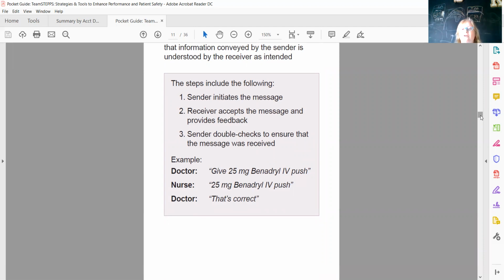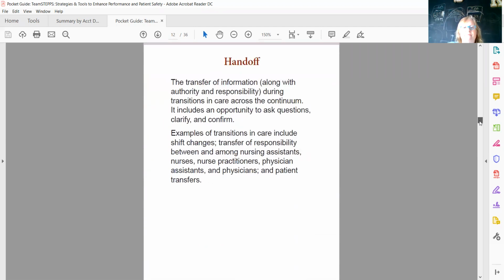So for example, they give us here, where the doctor is requesting give 25 milligrams of IV Benadryl push. The nurse then doesn't just give it silently. The requirement in the checkback is for the nurse to then make clear, 25 milligrams of Benadryl IV push, right? So she's checking back, doctor says correct. So we've got this checkback and then it's given, okay? So there is that absolute clarity. Did I hear that correctly? It's always the checkback. Have I heard that correctly? And then we can move forward.